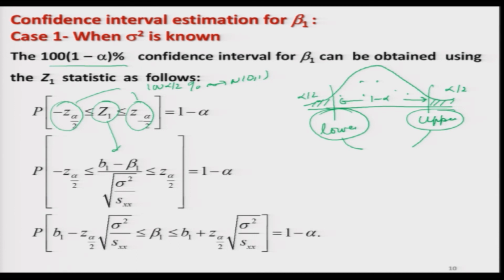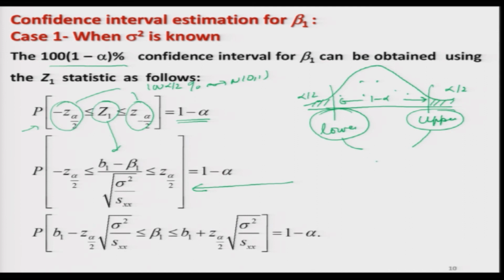So, what we try to do, we simply write this statement that the probability that the capital Z1 will be lying between the critical values minus z alpha by 2 and plus z alpha by 2, and the probability of this event is 1 minus alpha. So, now I can rewrite it like this. Now, you can see here I simply have to simplify it.